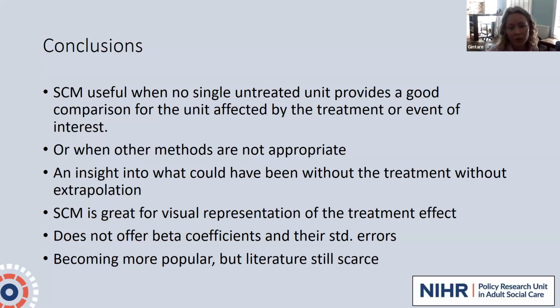The only difficulty is that it does not offer what is normally expected from econometric analysis: beta coefficients and standard errors. It's becoming more popular, but the literature is still scarce. There are more and more articles being published using this method, but so far there are few that use solely this method and do not use other methods next to it for comparison.